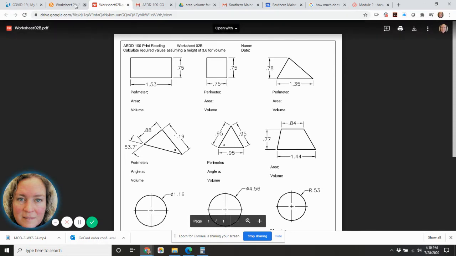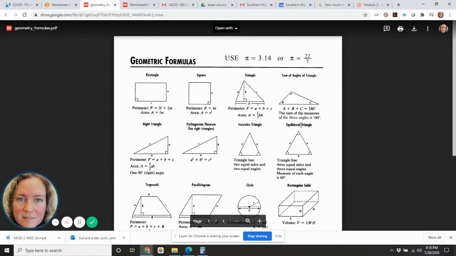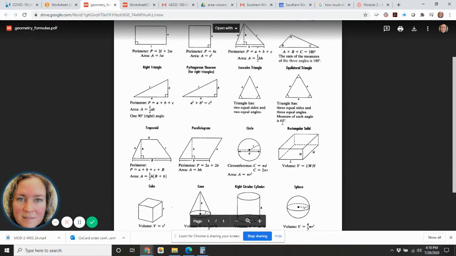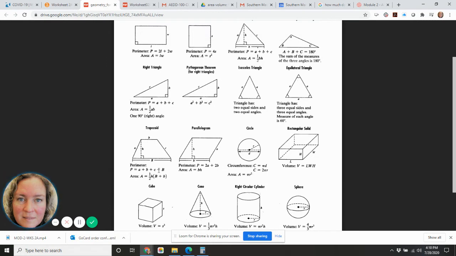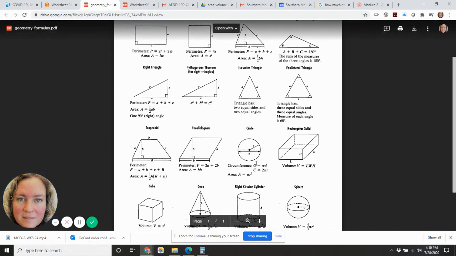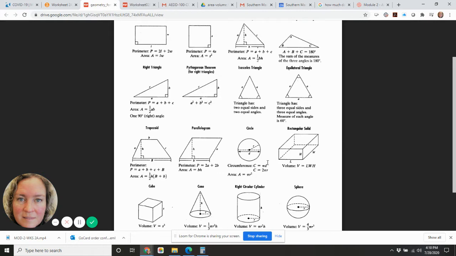And you're going to use the geometry formulas as reference. So if you get to a question about how to calculate the area of a trapezoid, for instance, you have the reference here to determine that information. You've got a formula you can use to calculate that. Or if you don't remember the formula for the area of a circle, you have that right here.